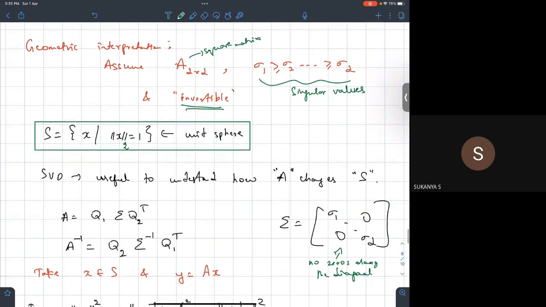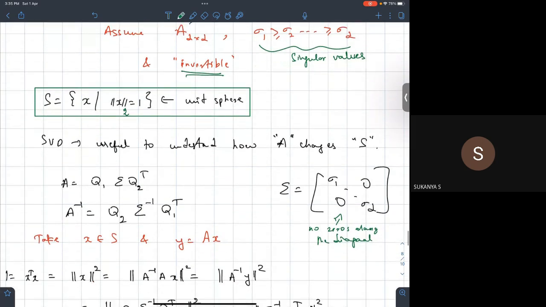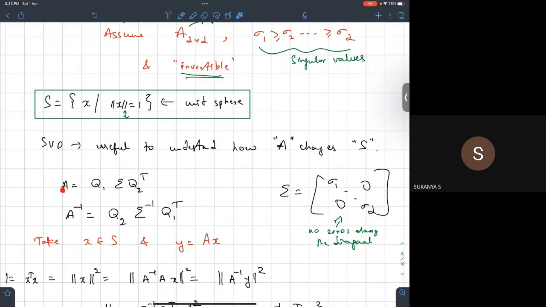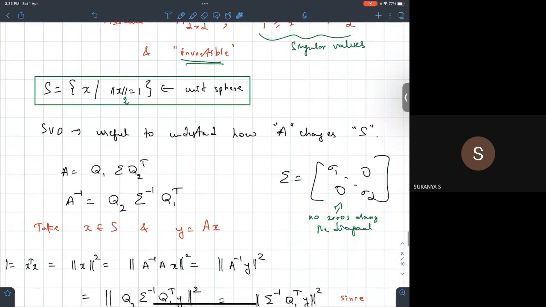Now if I have to invert this, it goes in the reverse direction, and the inverse of Q2 is just Q2 transpose and so on. And sigma inverse is like you take this matrix and invert each of these entries. And then we'll have just 2 lines to understand SVD. But the geometry is coming soon.